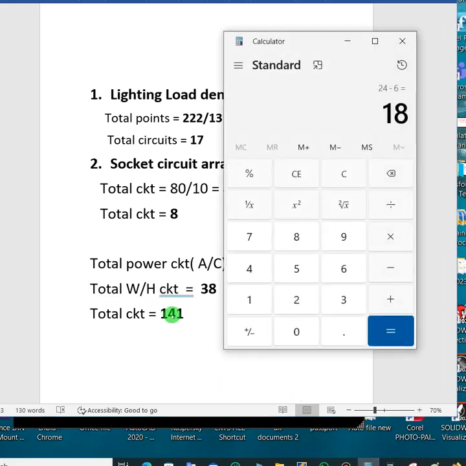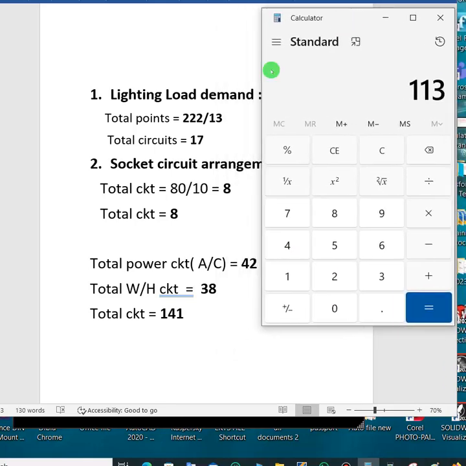After approximation, the total circuit was 113. If you total the whole of this circuit, 17 plus 8 plus 8 plus 42 plus 38, we are going to have 113 circuits.